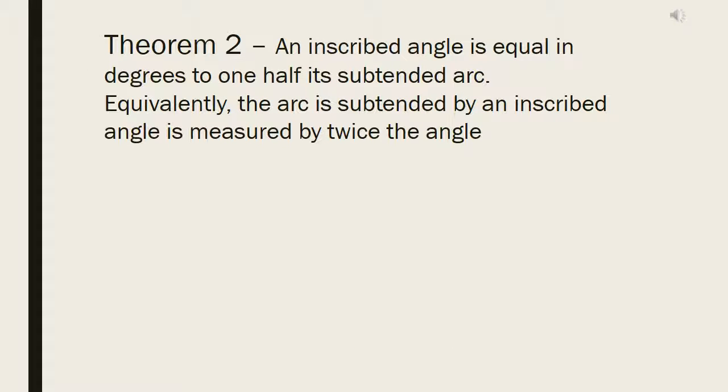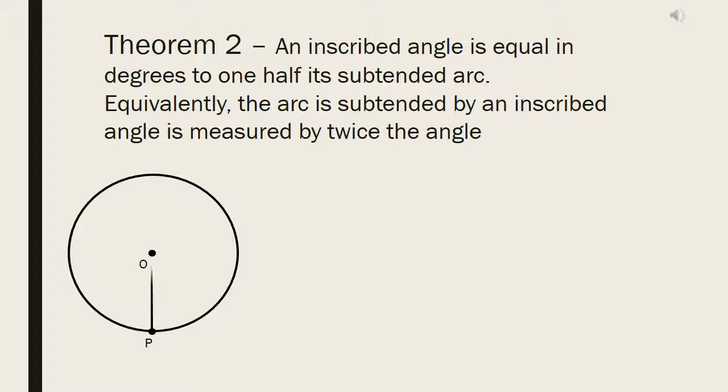So now we are going to prove Theorem 2 on our list. So we have a circle centered on point O, and we draw a point P on the exterior. Let's draw a line through the diameter.